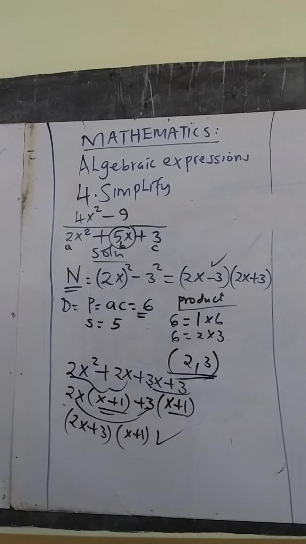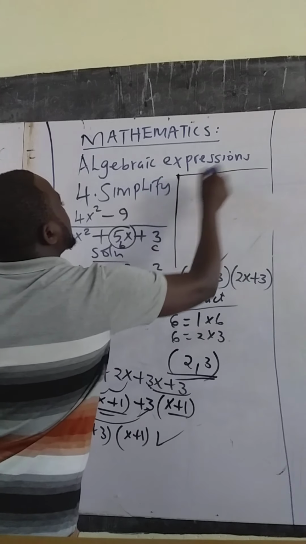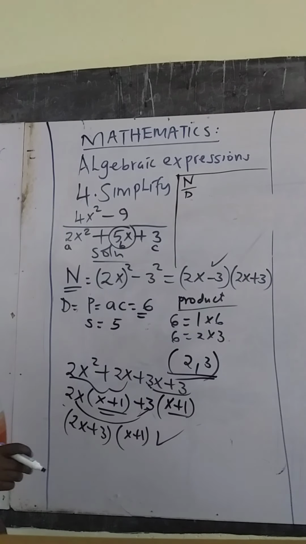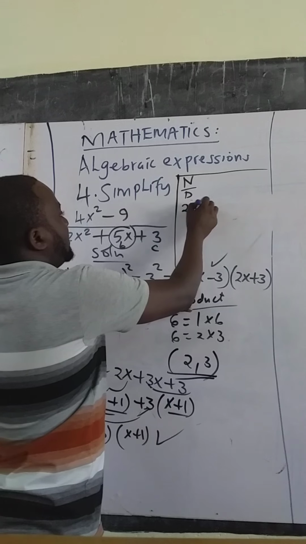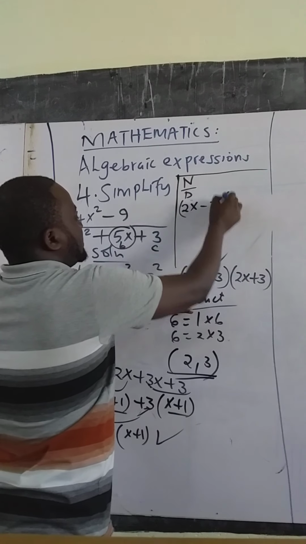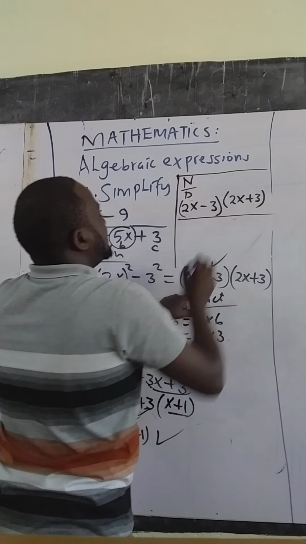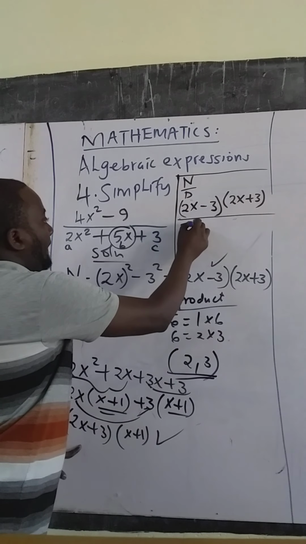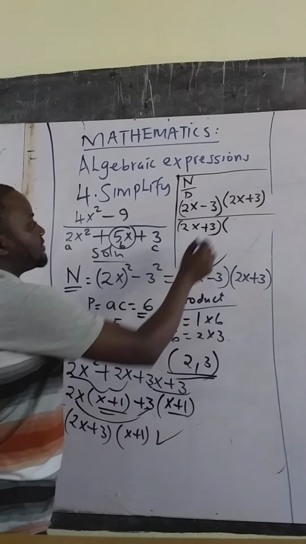After getting the solution for the denominator, come here and say numerator divided by denominator. Our answer for the numerator is 2x minus 3 times 2x plus 3. The answer for the denominator is 2x plus 3 times x plus 1.